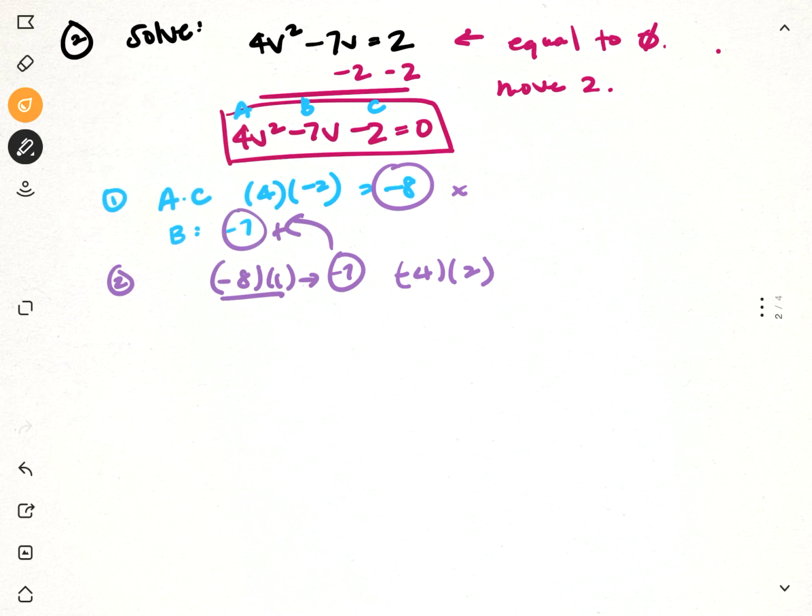Okay, step 3 is going to be a little bit different. We're going to take our 4v here and put it in parentheses, 4v, and then we put our minus 8, and we do it again, 4v plus 1. I just discovered this method, and it's a little bit easier than the way I used to teach before with the box.